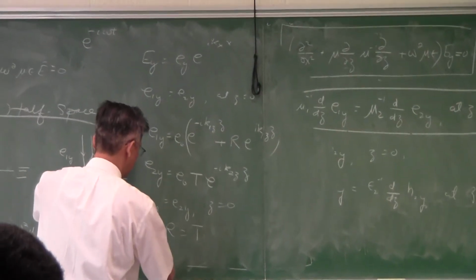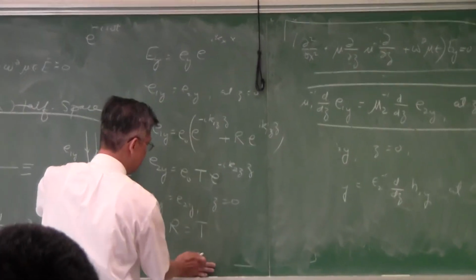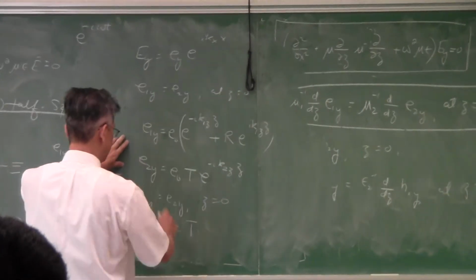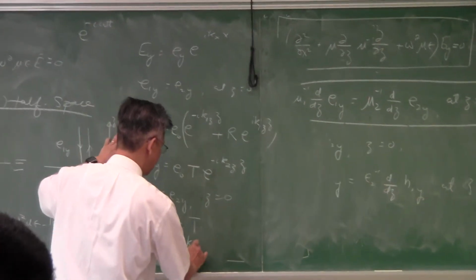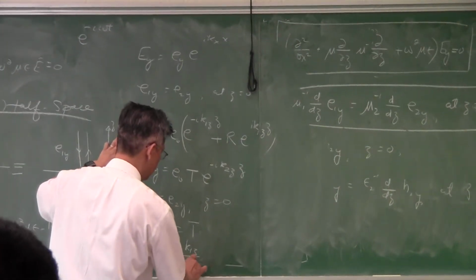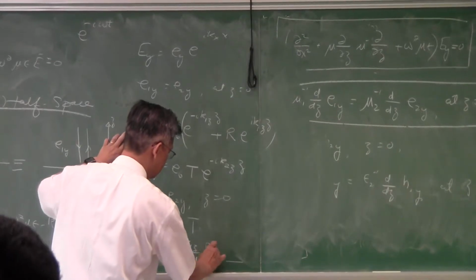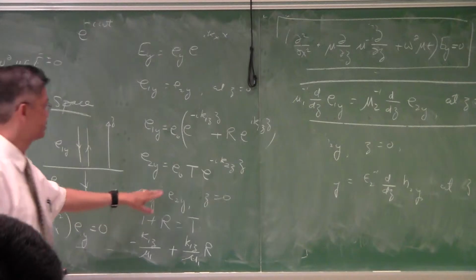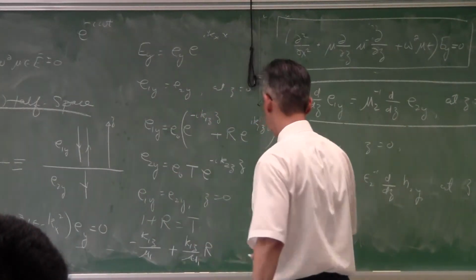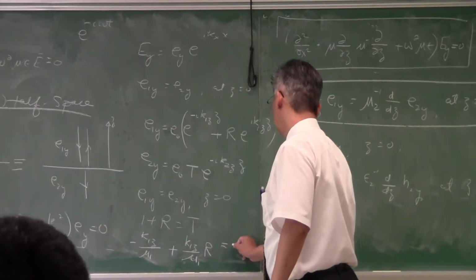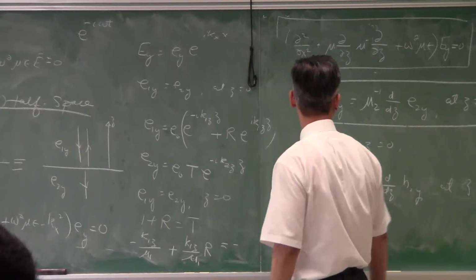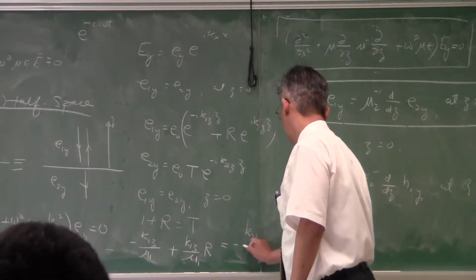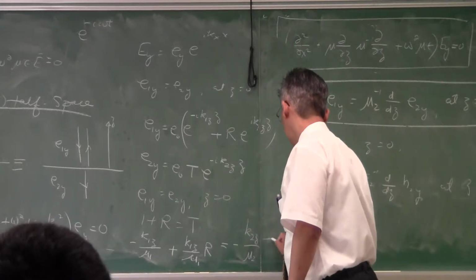k_1z over mu_1, okay, with a minus sign over there, times E naught plus k_1z over mu_1 times r, which is what I have for the second term over here, must be equal to minus k_2z over mu_2 t.